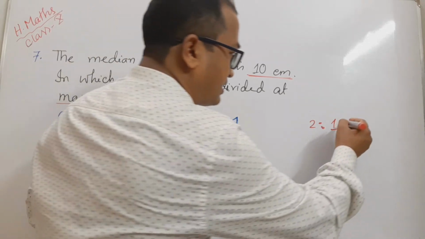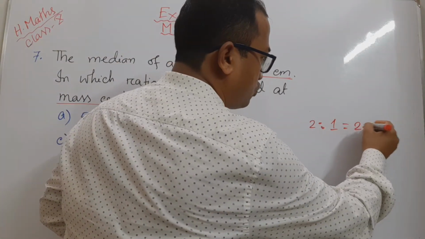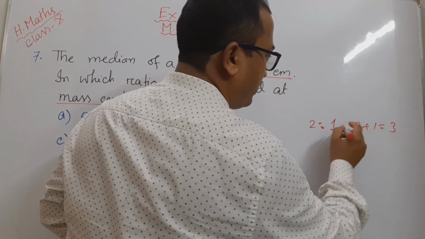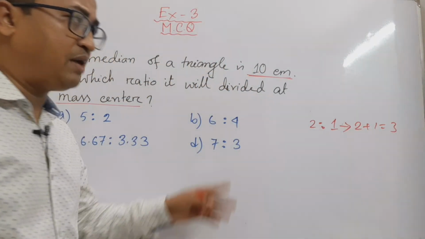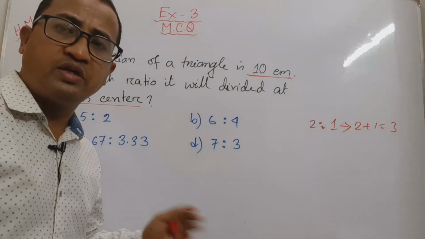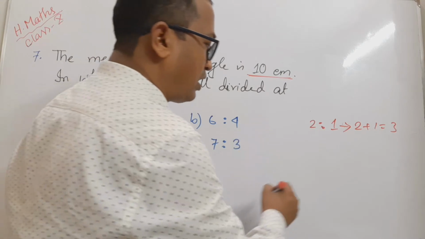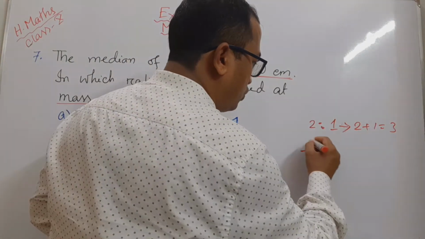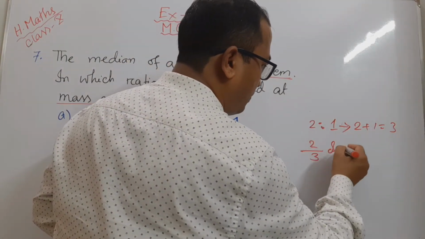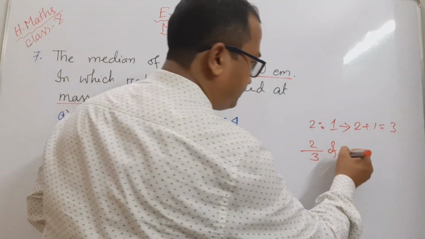The sum of this, 2 plus 1, is 3. The sum of the ratio is 3. So the first portion will be 2/3 of 10 cm.